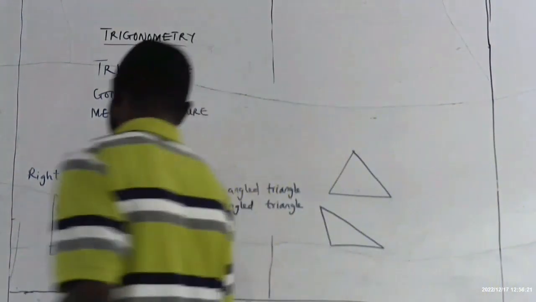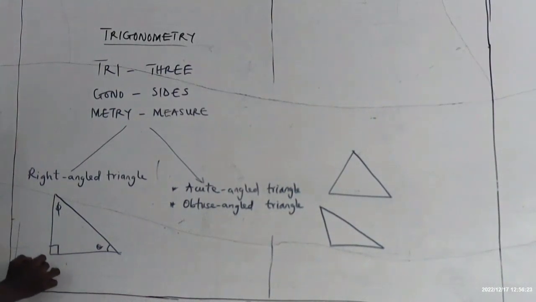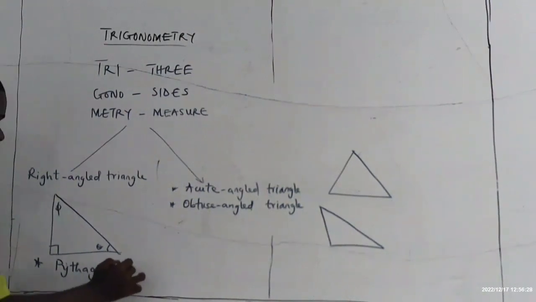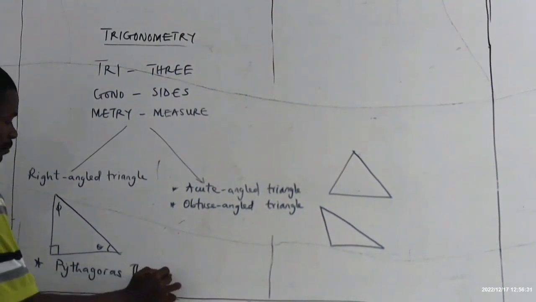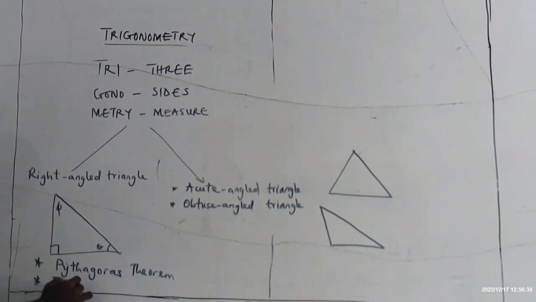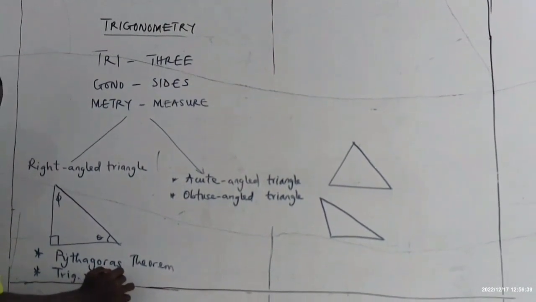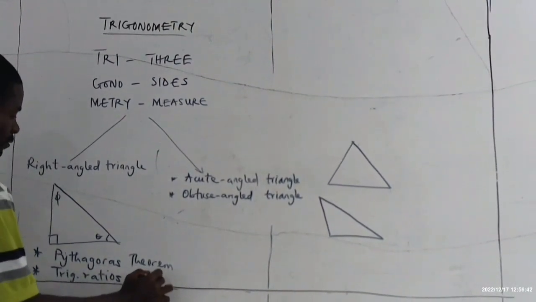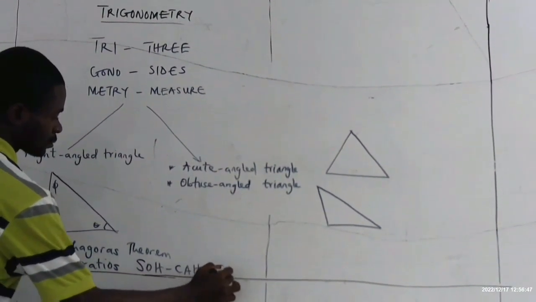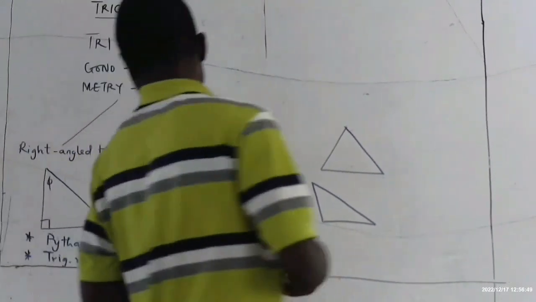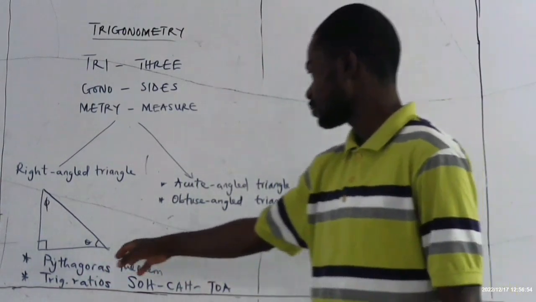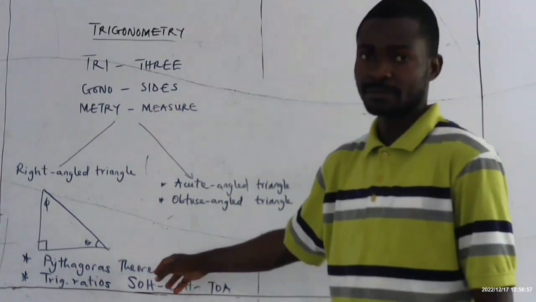So to find the sides in a right angle triangle, we make use of Pythagoras Theorem.